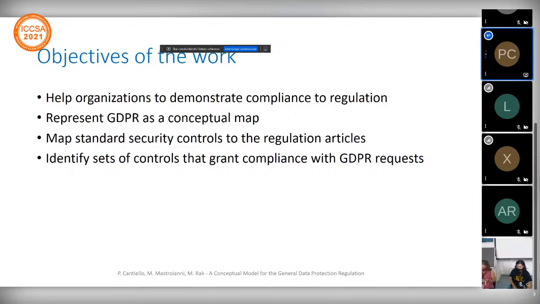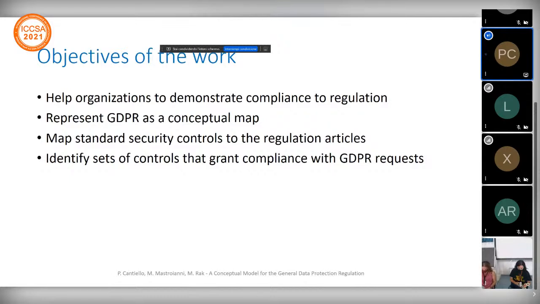As an example, GDPR imposes that for new processes, for new personal information treatment, a DPIA, a data privacy impact assessment, must be conducted. That is hard work. In this work, our main objective is helping especially small and medium enterprises to address this duty.